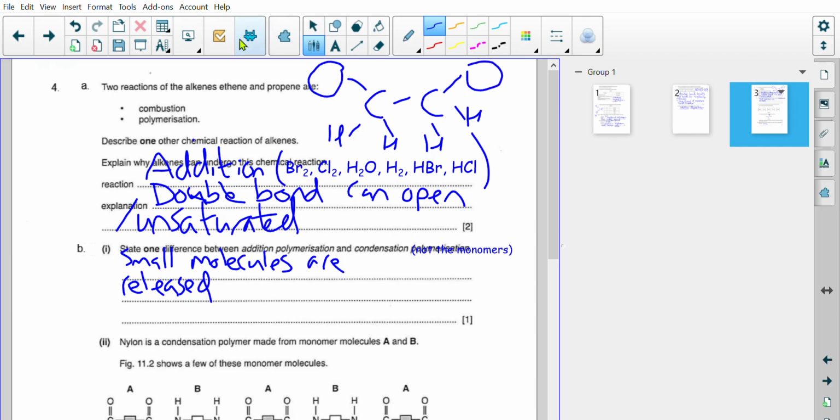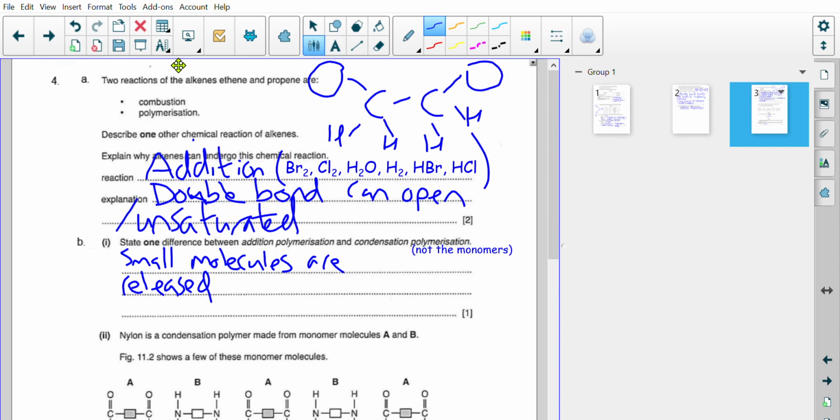I could put some bromine in there, I could put some chlorine, I can do it with water. If I put water on there, I'll put H on one side and OH on the other. That would actually turn it into an alcohol, because there'd be an OH group. Hydrogen on its own, you could fill it in and make it saturated. That's called hydrogenation. So again, lots of possibilities, and in every case it's the double bond that's opening up.